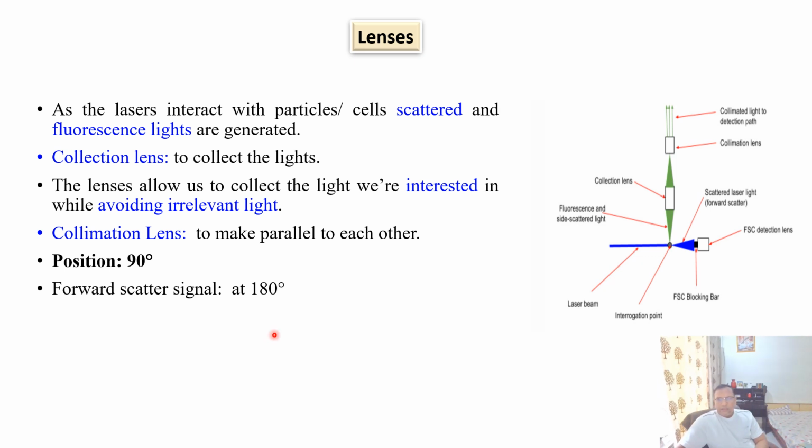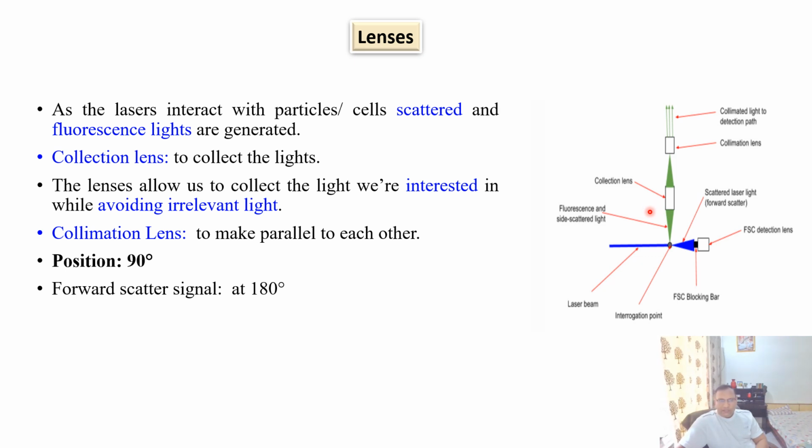Now, we will try to understand what the lenses in the flow cytometer are and what their functions are. You can see in the figure that a blue laser light is striking a cell, and after striking, some light is scattered at 180 degrees and some at 90 degrees. At 90 degrees, there is an arrangement called the collection lens.